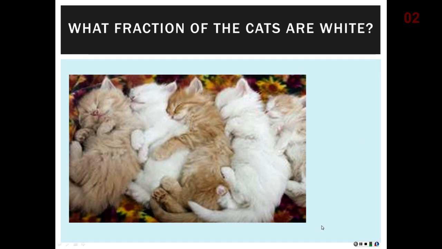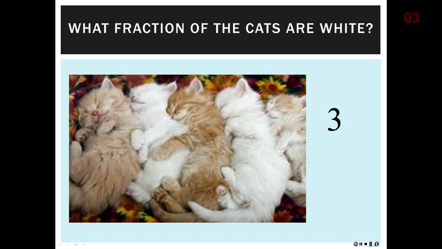Now we got some little kitty cats. Out of these kitty cats, how many of them are white? 1/2? How many cats are there? 5. Well, how many of them are white? Okay.